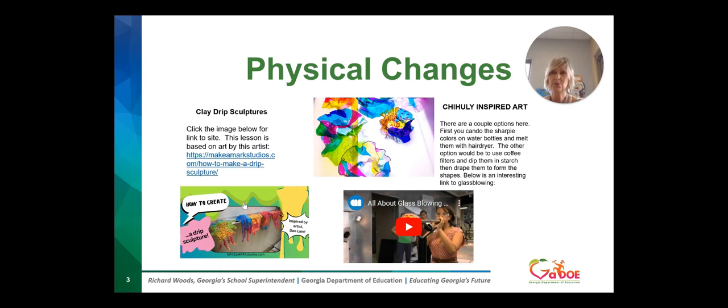So the kids seem to be really into slime, except the older kids might feel like they're a little too cool or a little too old for it. But with this you can use Model Magic, and then you just put it on a ledge, create it, let it dry, and then you can go back in and paint it. If you click on this link, it'll take you to the site and show you how to do that.